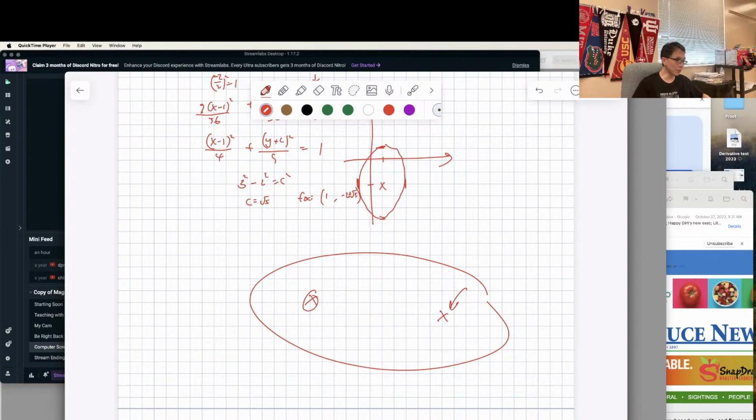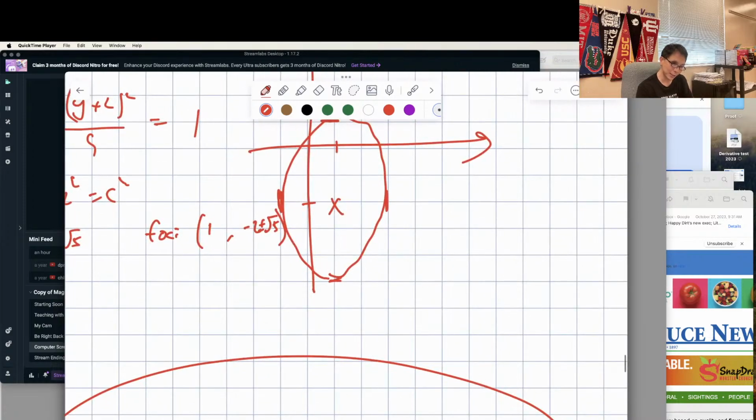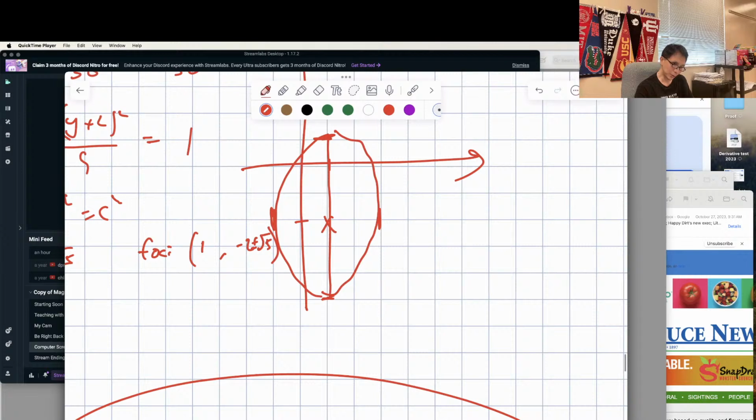Okay, so I'll give you one and ask you to find everything about this. Oh, by the way, this is called a major axis, just a vocab. From here to here, this is called the major axis. And this here is called the minor axis, which kind of makes sense. And that's it. No crazy stuff.